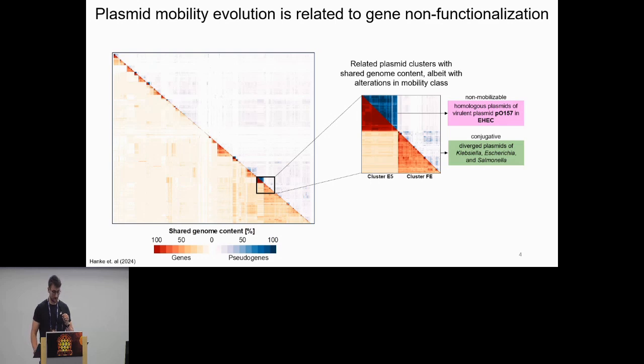This overall means that these two plasmid clusters represent related plasmid clusters with a shared genome content, albeit with alterations in their mobility class. And the varying percentages of the pseudogene content among those two plasmid clusters also indicated that the frequent gene non-functionalization here might be linked to the transition in plasmid mobility that this plasmid cluster comparison showed.